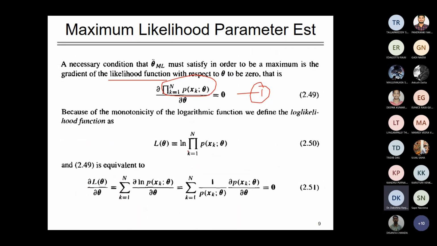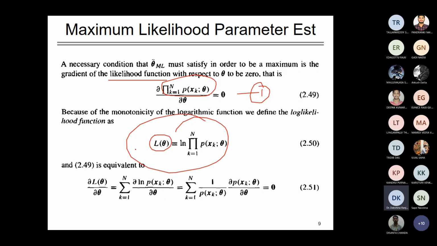If the log likelihood function is represented by L theta, then L theta will be given by ln of the product over p of xk parameterized by theta, where k varies from 1 to n. This will give us the log likelihood function.